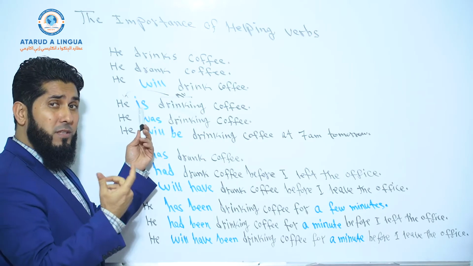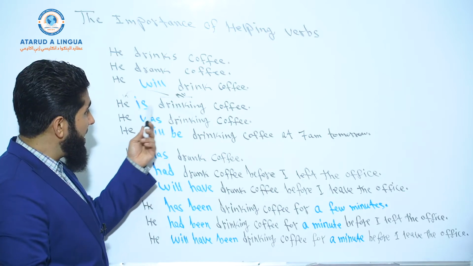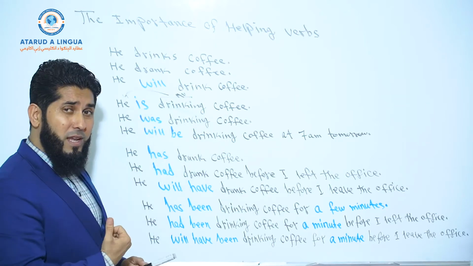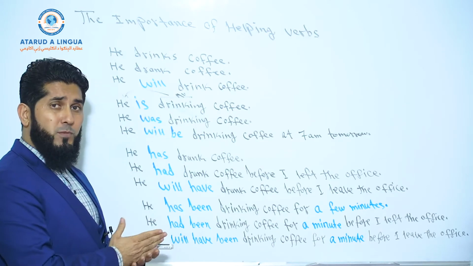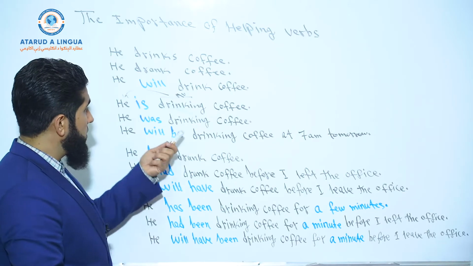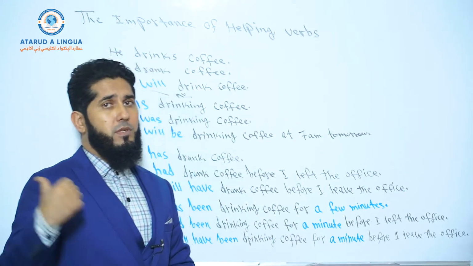Without having this to be verb as a helping verb in our sentence, we cannot give ing to the main verb. So now this to be verb gives us an idea that the action of drinking coffee is in progress at the moment. And he was drinking coffee, for example, at 7 a.m.